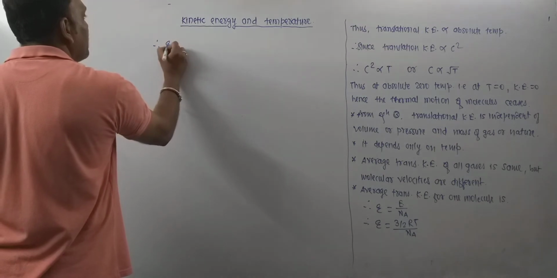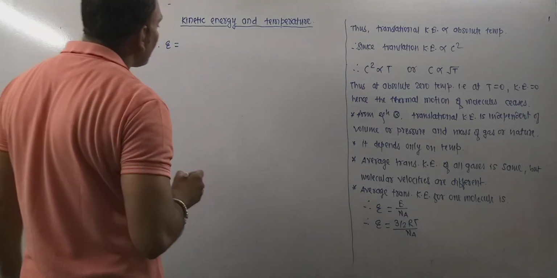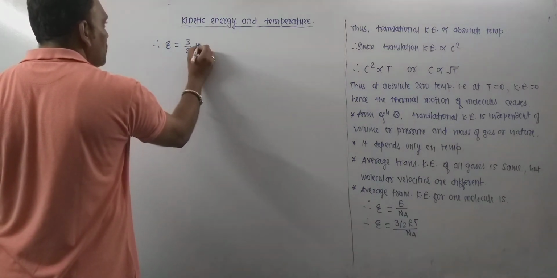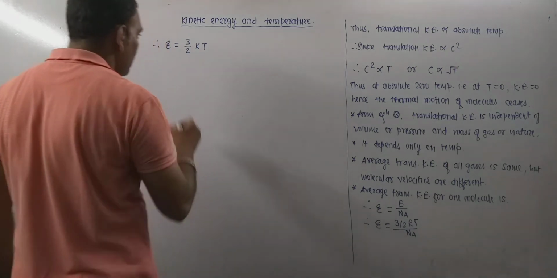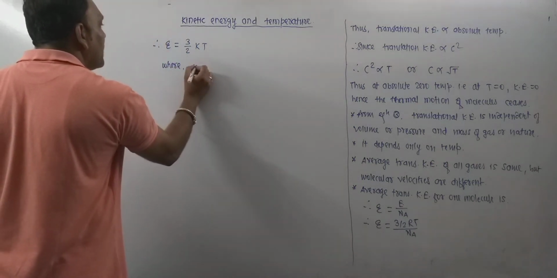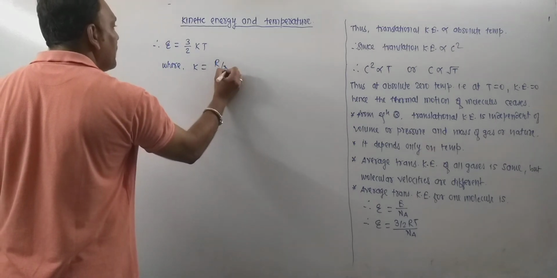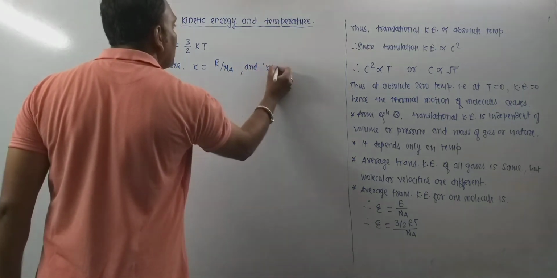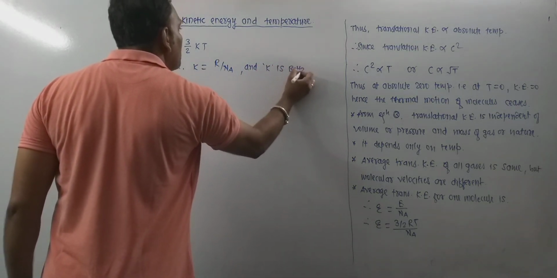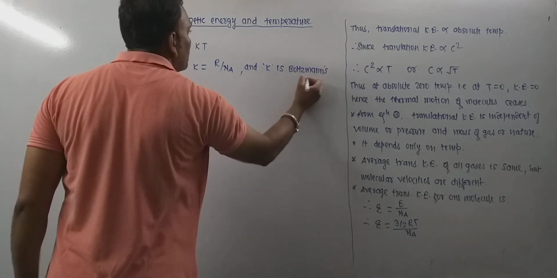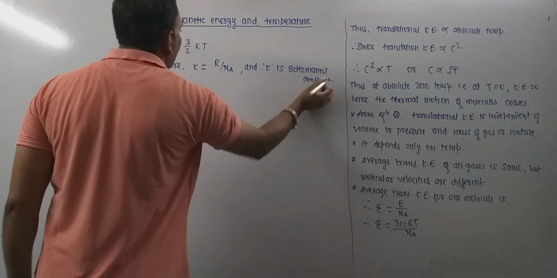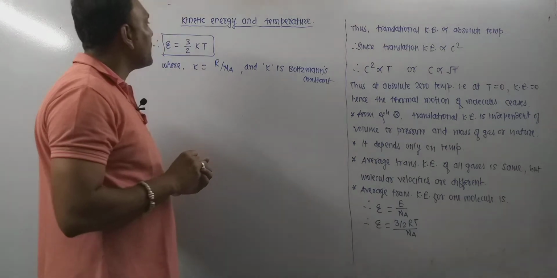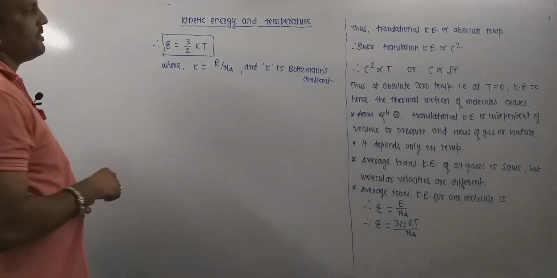So the average translational kinetic energy of one molecule of the ideal gas will be equal to 3 by 2 kT, where k equals R by Na, and k is Boltzmann's constant, remember.